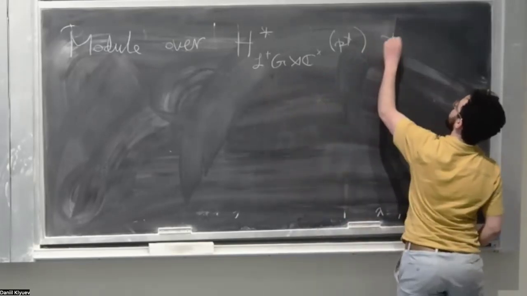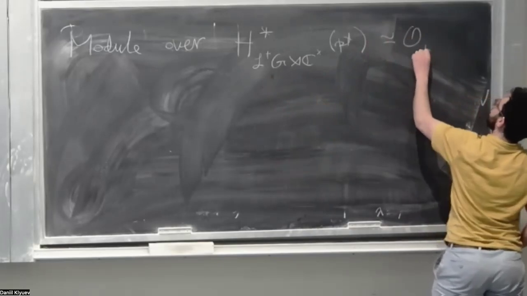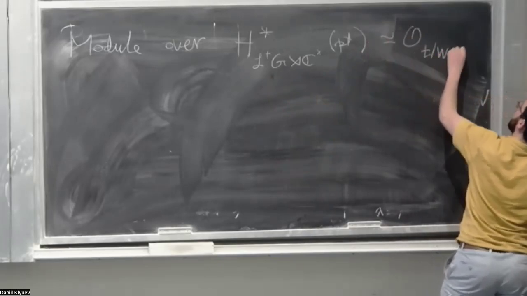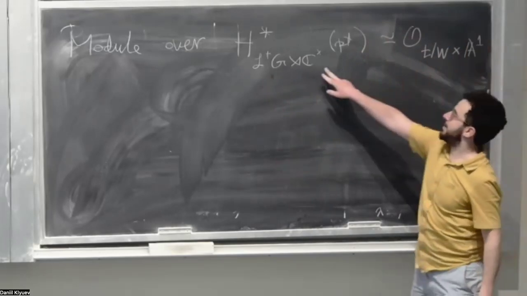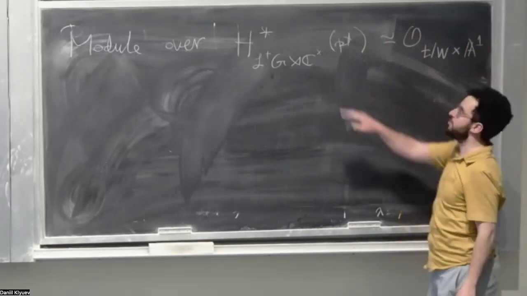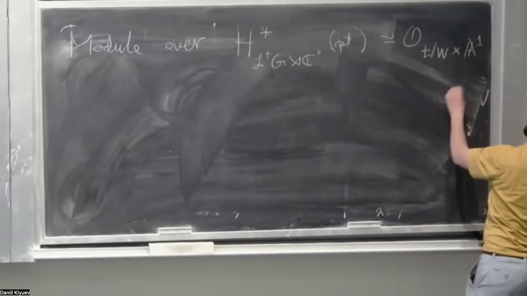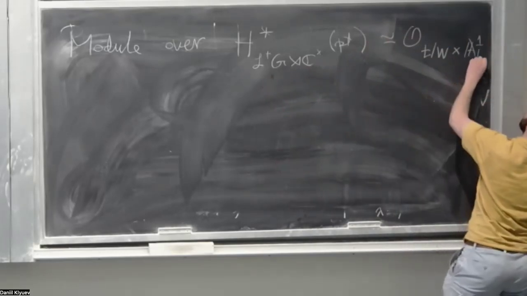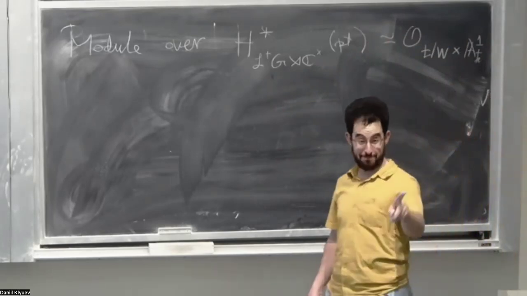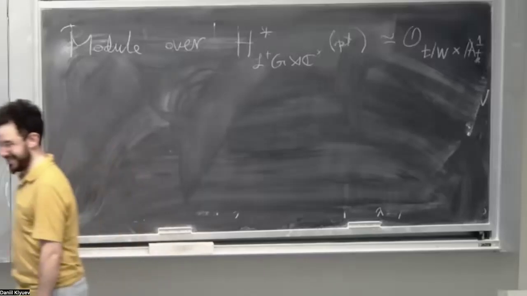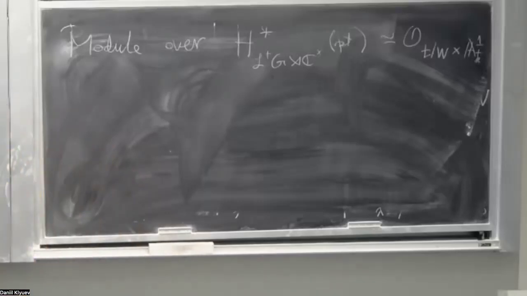So this is going to be O of T mod W times A1, where A1 is the spec, the corresponding algebra. We write it A1 with coordinate h bar. You remember the deformation part. We're doing physics.